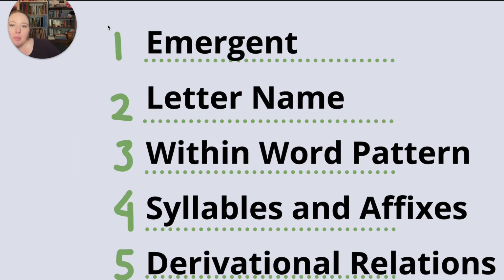Now, if you're familiar with Words Our Way at all, you know these stages, right? There's the emergent stage, where we're talking about kindergarten, maybe first. And then there's the letter name stage. Then it goes on through all 5 stages. But again, what the repertoire folk would say is that we shouldn't be waiting for these letter name kids to understand syllables and affixes, prefixes and suffixes, all the way there.